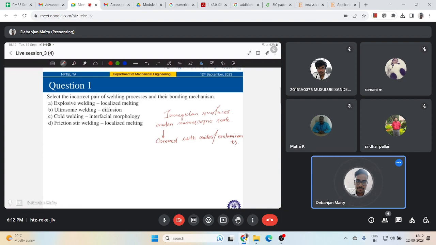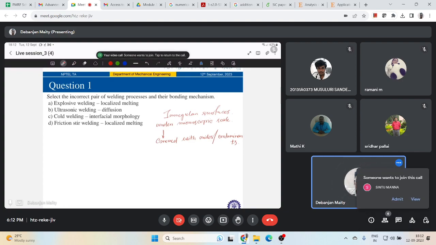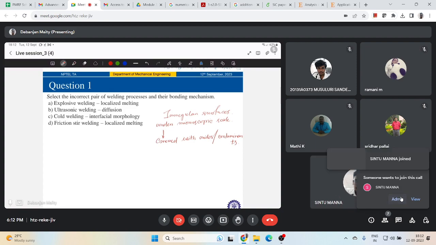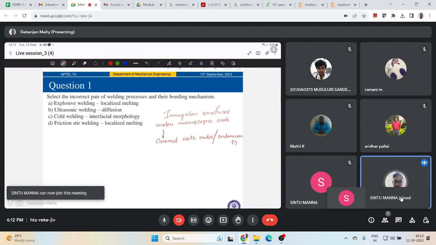There can be some dissolution of the oxides into the matrix. Your local yield stress can exceed on that contact surface, and surface deformation happens. Those things happen during any kind of solid state welding.